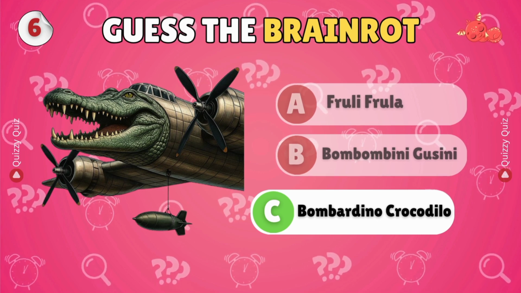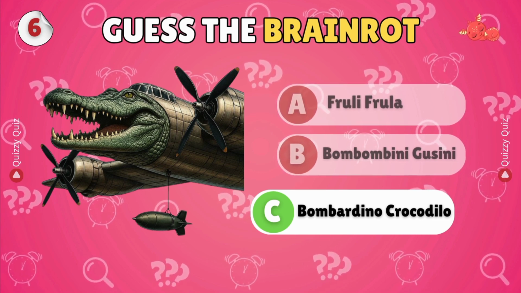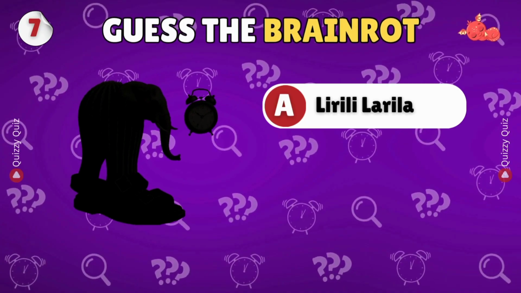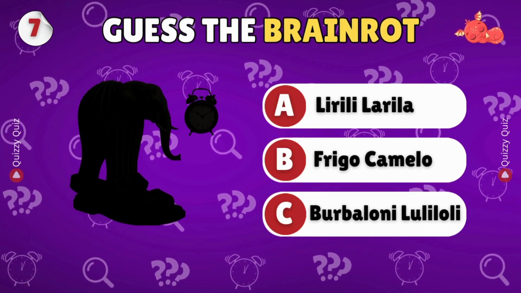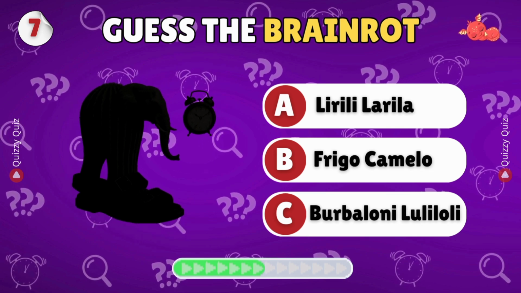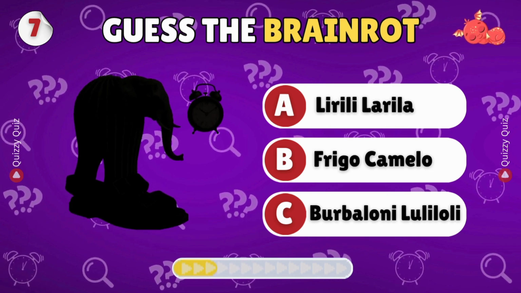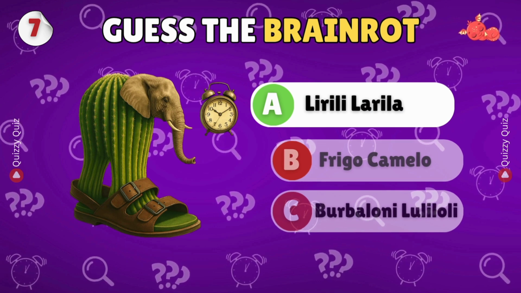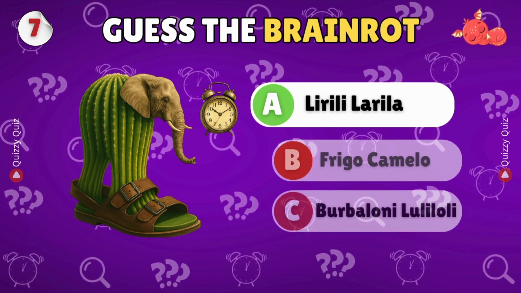It's option C. Bombardino Crocodilo. What about this one? You are right. It's option A. Liri Lila Rila.